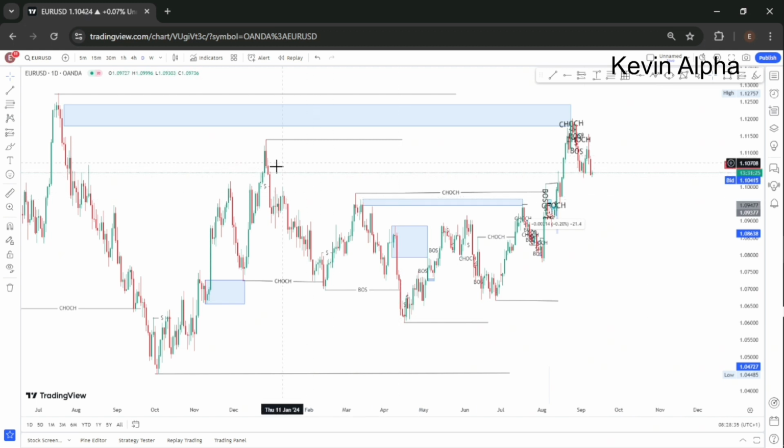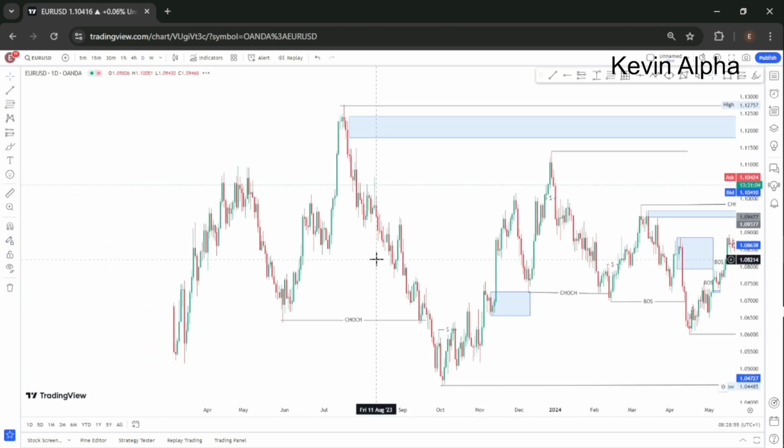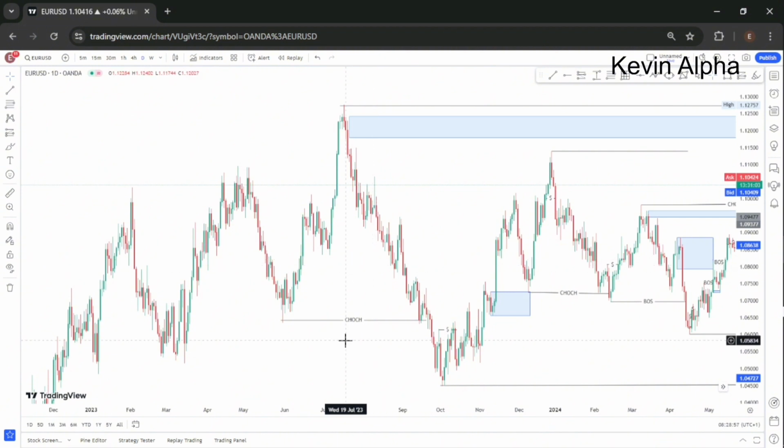This is the daily time frame, and for multi-time frame analysis, we want to understand that every time frame on its own is individual and unique, but it works for the greater good of the overall time frame, which is the daily time frame. Now, on the daily time frame, which you should have no doubt by now because I've taught you all the map structures in previous videos, this was a chalk.